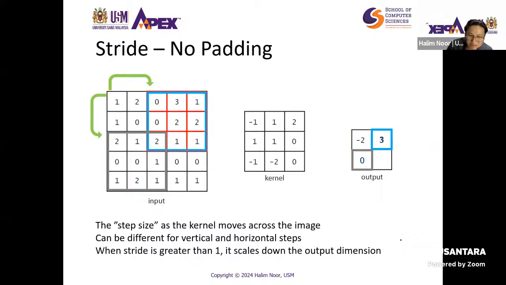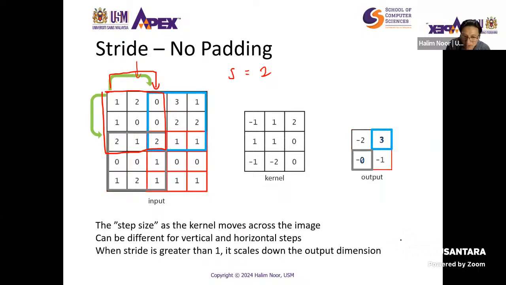Now, in this case, from here we move to this region. That means we skip one column, as we are moving to the right. So here the stride is equal to 2.